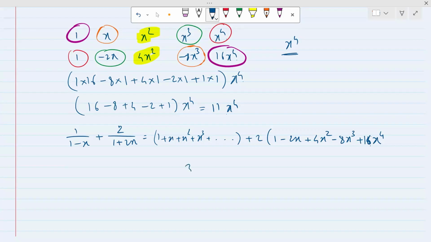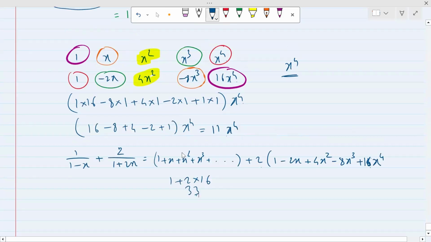So what is the coefficient? 33 from here: 1 plus 2 into 16. So both ways you'll get the same correct answer. No worries.